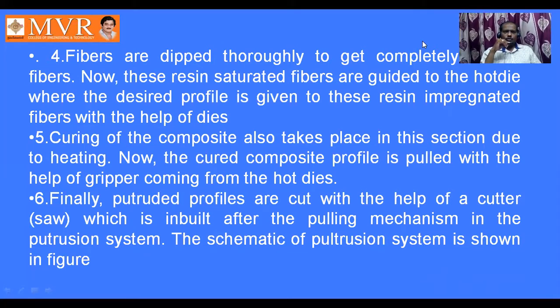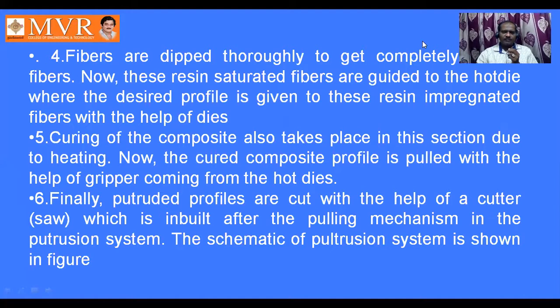Now the cured composite profile is pulled with the help of grippers coming from the hot dies. In that one, the correction of the dimensions will happen. Finally, the pultruded profiles are cut with the help of a cutter, which is built in after the pulling mechanism in the pultrusion system.